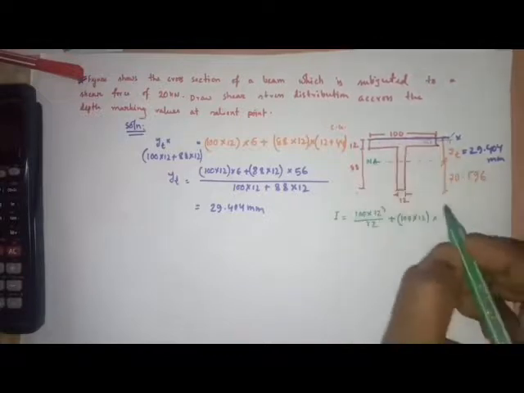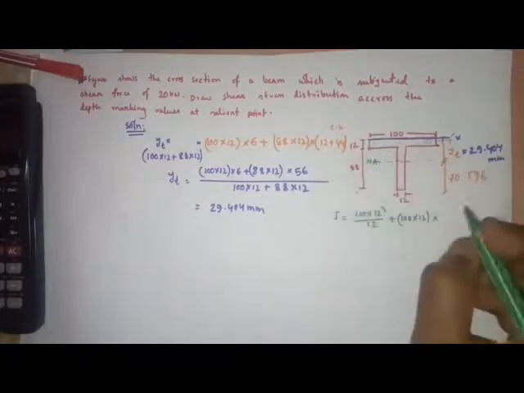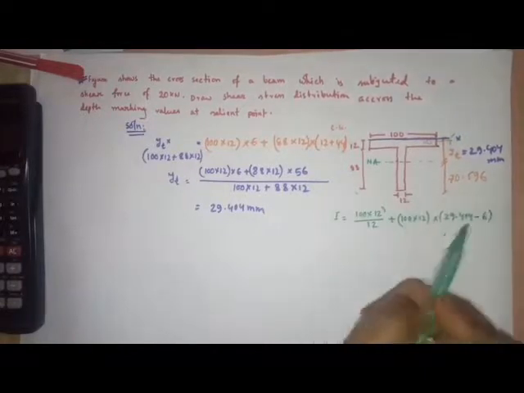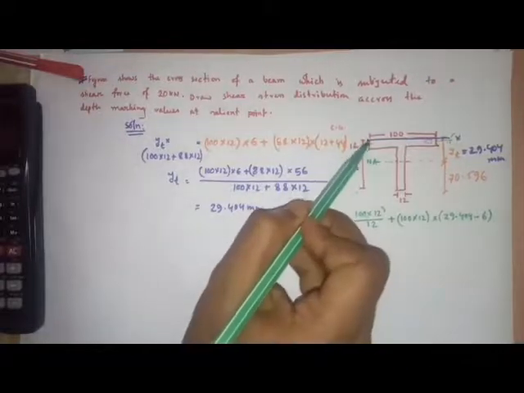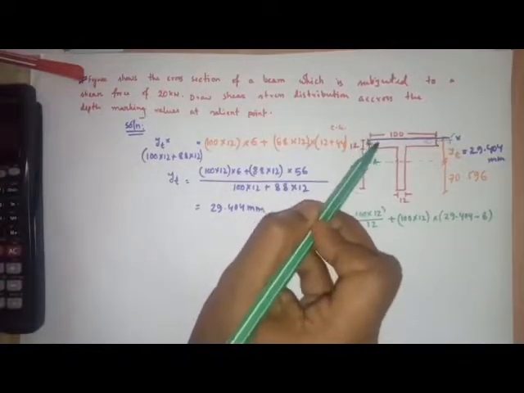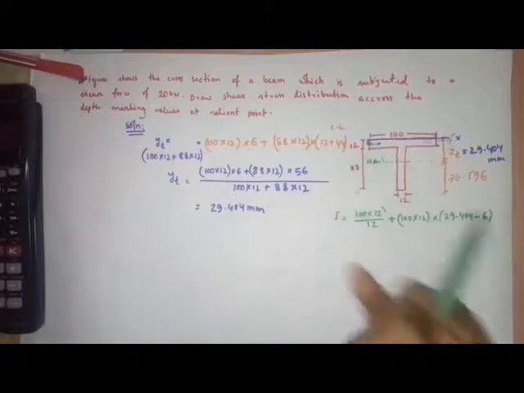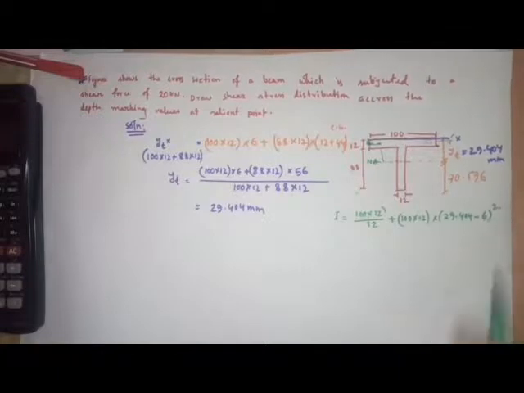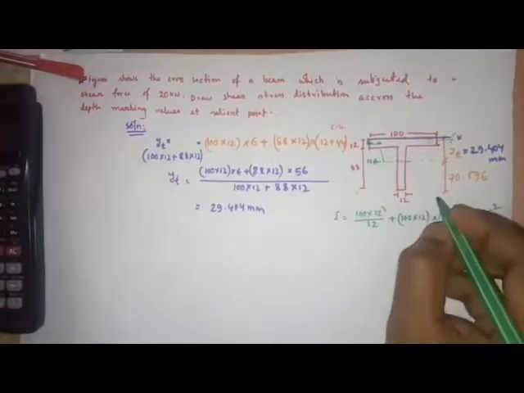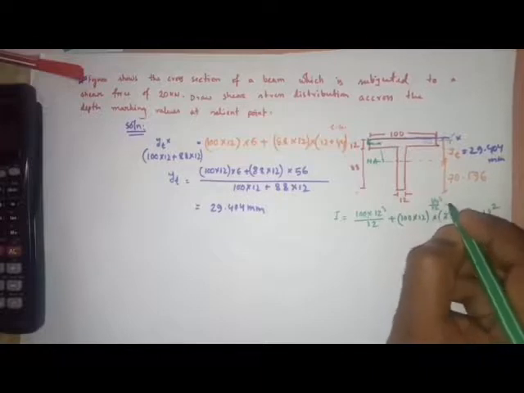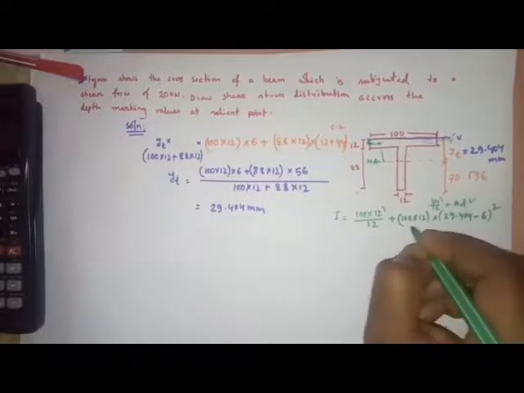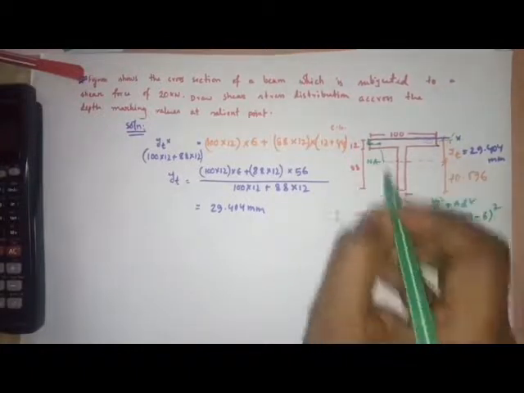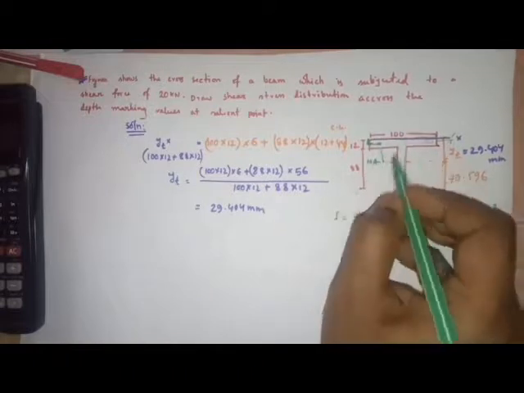So you have to deduct 6 from 29.404, which gives the distance from the neutral axis. So it is 29.404 minus 6, squared. This is bh cube by 12 plus A D square, where this is the A and this is D square. So you have got this one, and now you have to calculate the other.